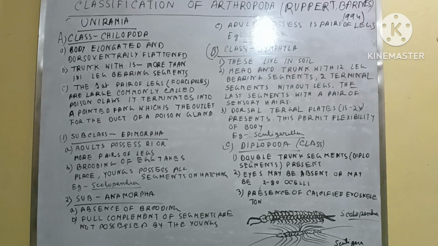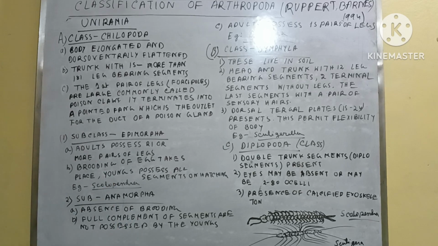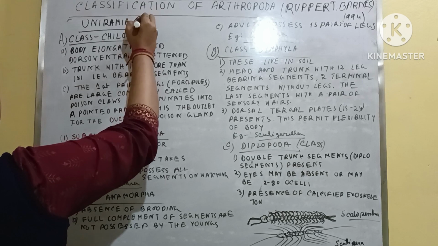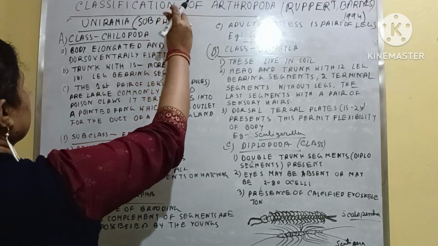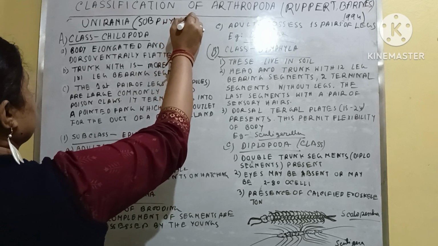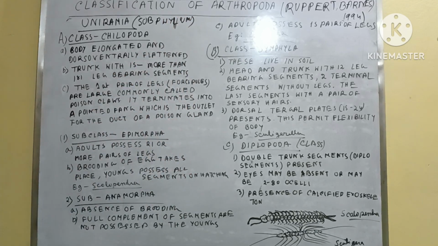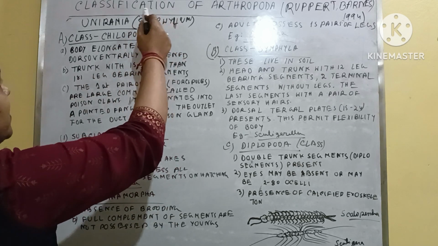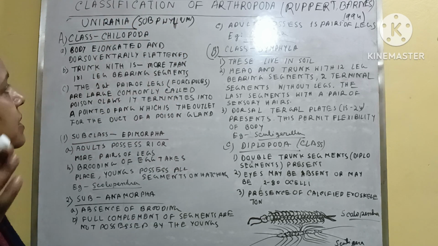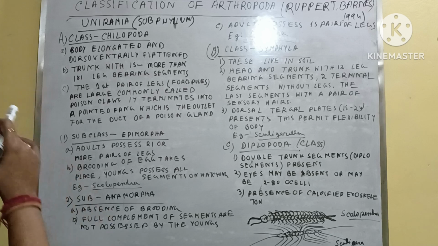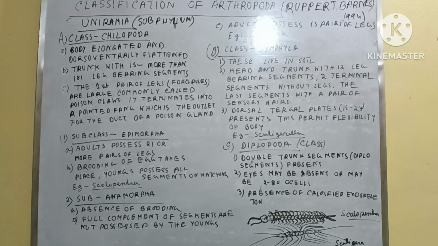This is subphylum Uniramia, and under this subphylum, the class is Chilopoda. The features of the subphylum Uniramia I have already described in the first video, so you can check out that one.